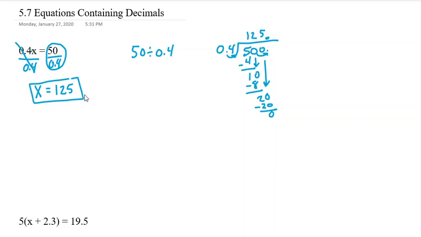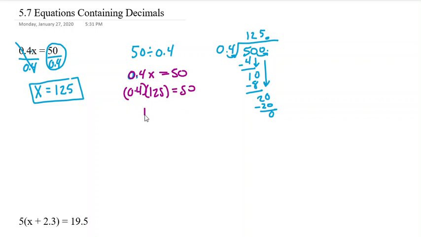And there's our answer. Then we can check this by going back to the original problem. We said 0.4 times x equals 50. That means 0.4 times 125 equals 50.